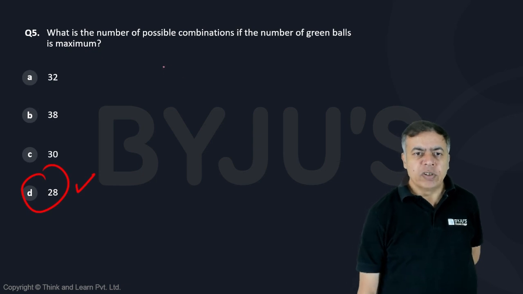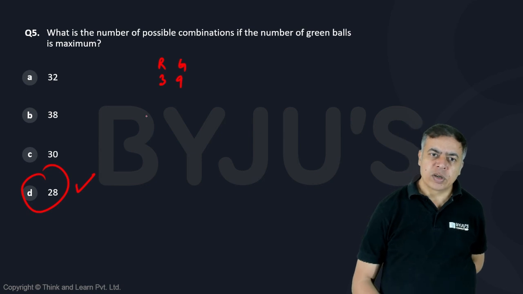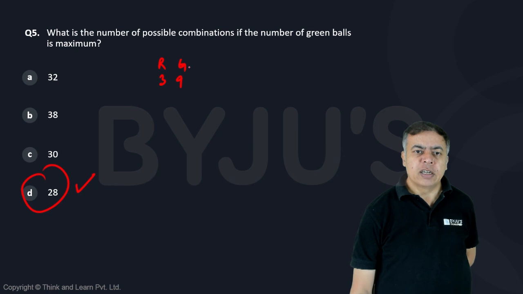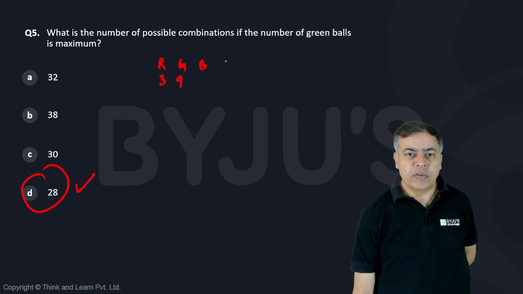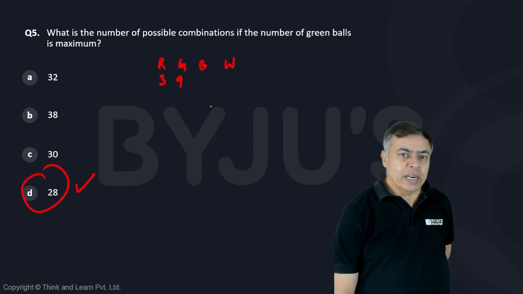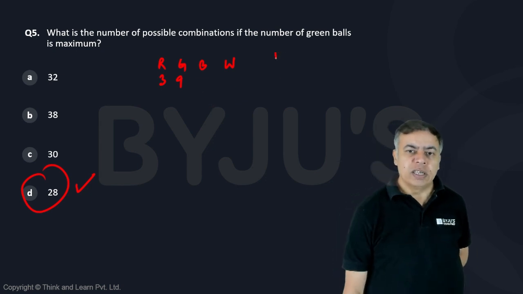Actually it will be possible when the red is 3 and your green is 9. That is the maximum, then blue and white, right? Now for white you have that condition, 2 into 9 minus 1, 17.